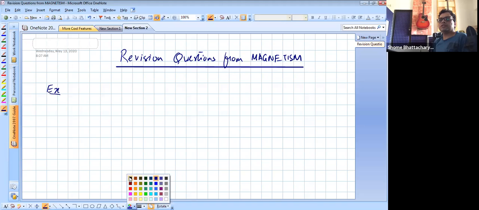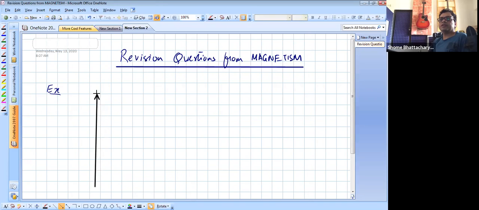Okay, so this question we have is basically based on the geometrical path of a charged particle in the XYZ system.